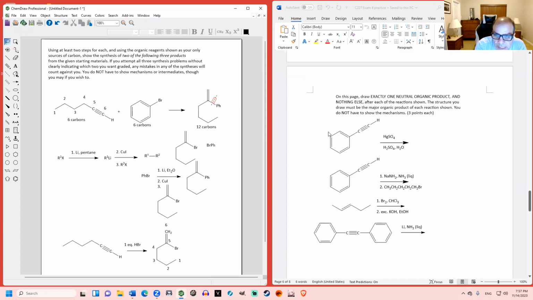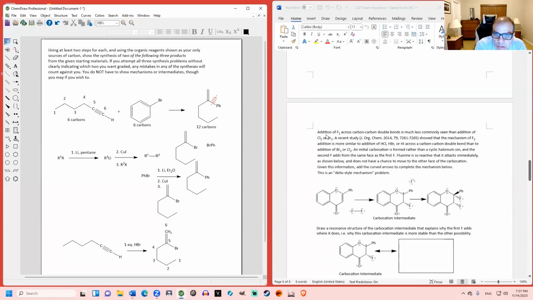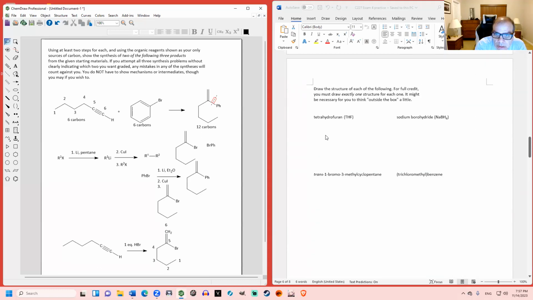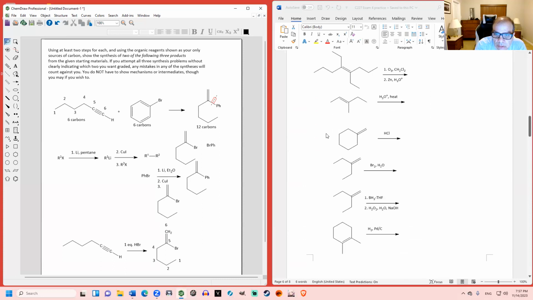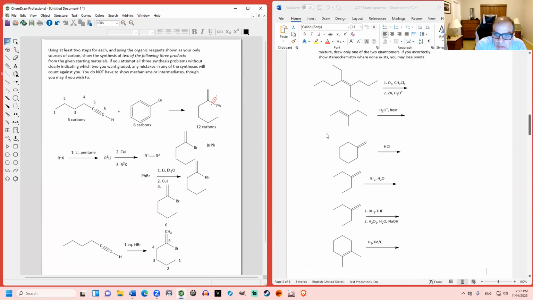Let me see if there's something else I can explain a little bit more. Let's do one example of another of these types of problems with stereochemistry.